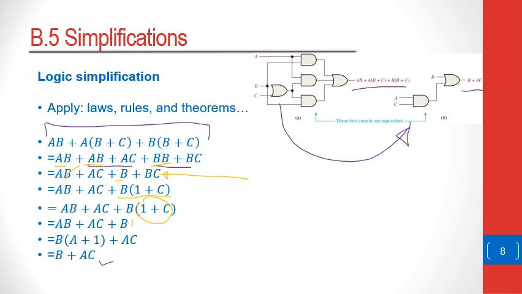And then from there on, we can also combine this and that to factor out the A. After factoring out the A, we see that we have this expression which eliminates the A, and so we have B or AC, which is a much simpler expression.